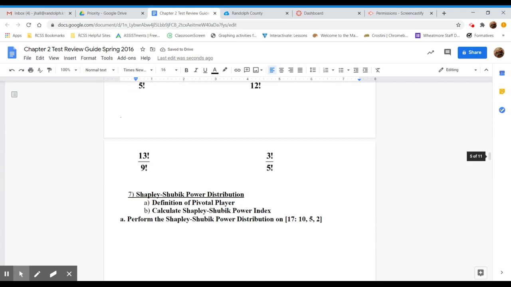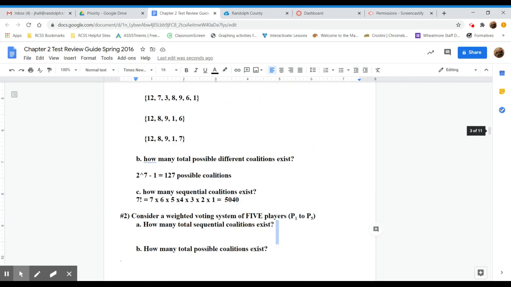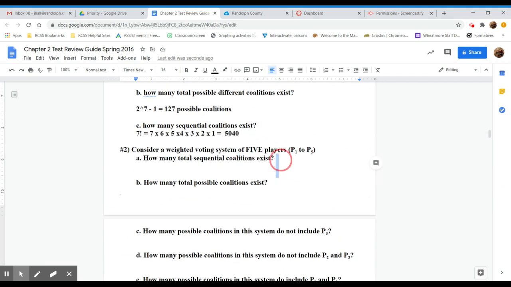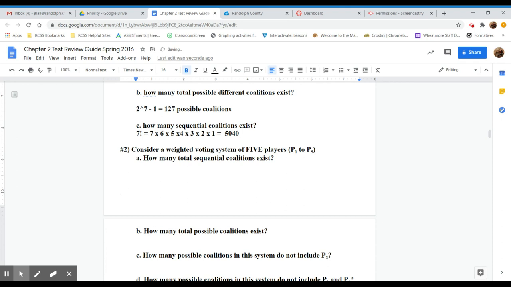These are the problems that we have a little bit of trouble with. Let me get back up here. Consider a weighted voting system of 5 players. So you didn't like these because they don't give you numbers there, but you know you've got 5 players. And when it says the total sequential coalitions exist, that's just 5 factorial, right? Or 5 times 4 times 3 times 2 times 1.